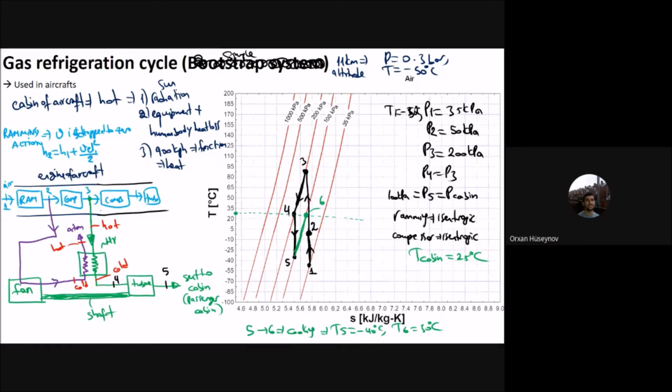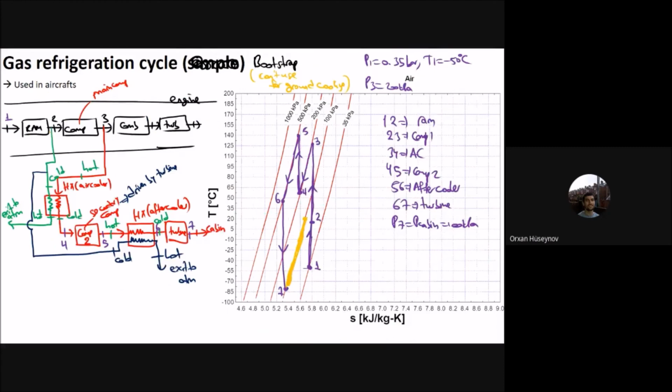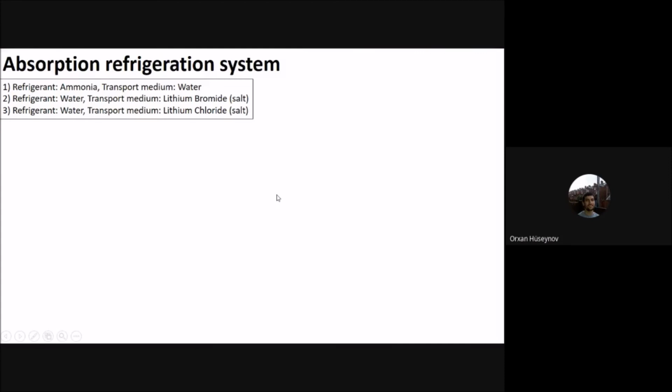For this one, the velocity of the aircraft is what drives the ram air around these heat exchangers. Therefore, if the aircraft is on the ground, there is no velocity at the inlet, so these heat exchangers cannot work. This bootstrap cooling system only works when the aircraft is cruising in the air.